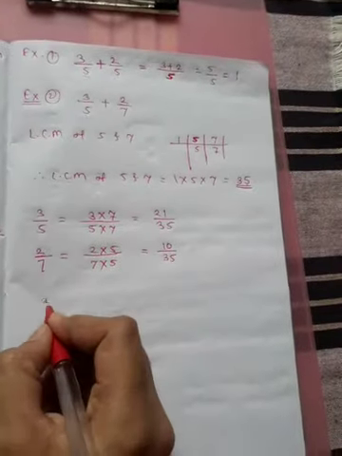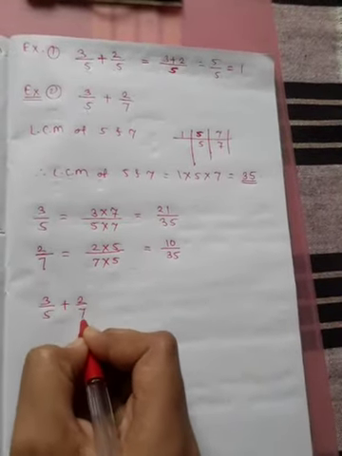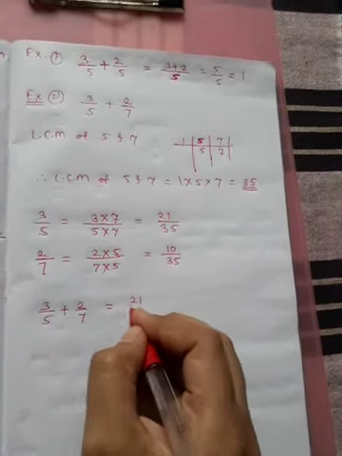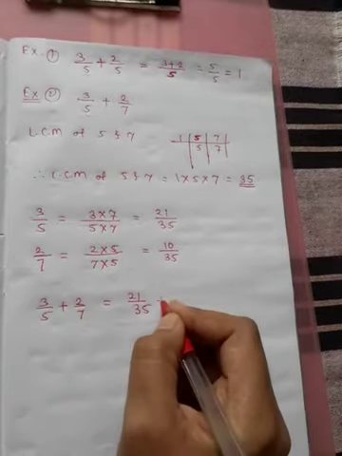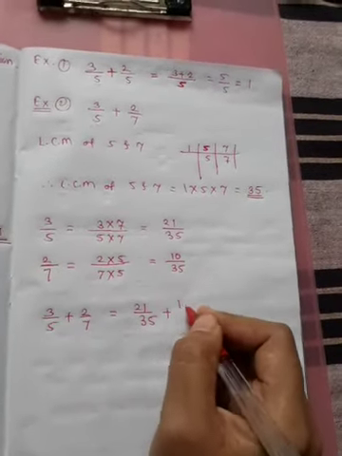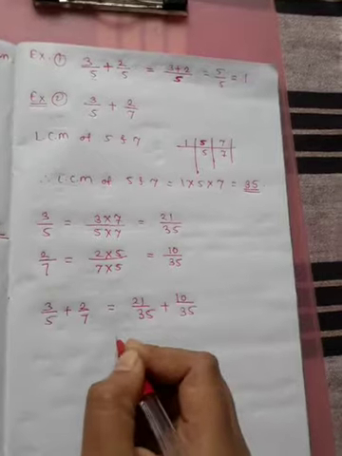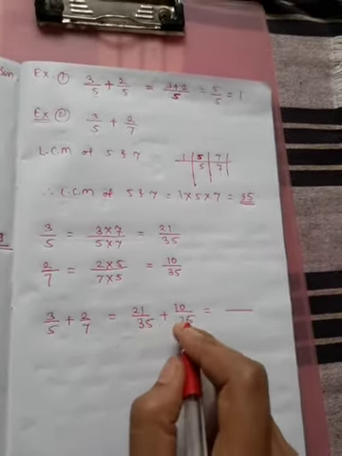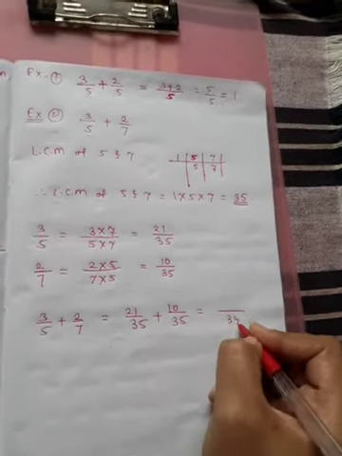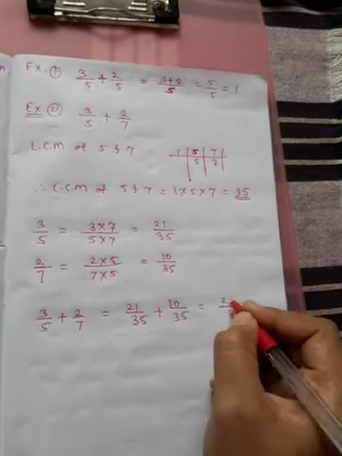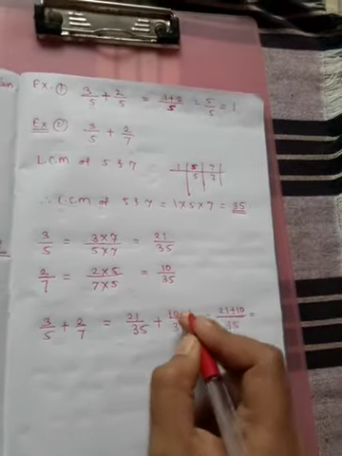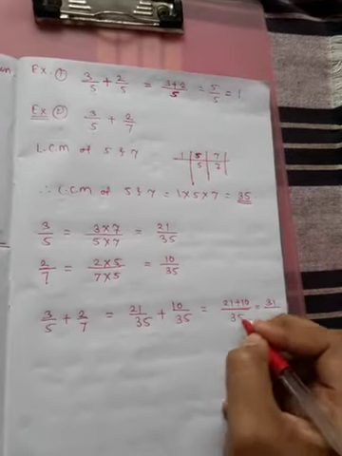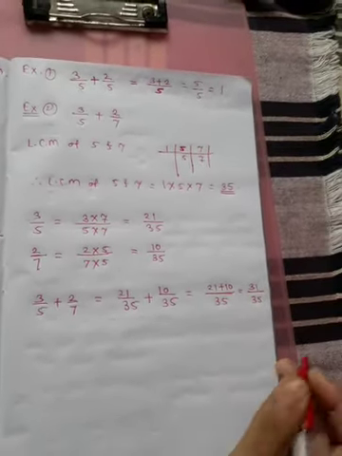Means 3 by 5 plus 2 by 7 is equal to 21 by 35 plus 10 upon 35. Here the denominators are the same, these are like fractions, so we keep the denominator common and add the numerators. 21 plus 10 is 31, over 35.